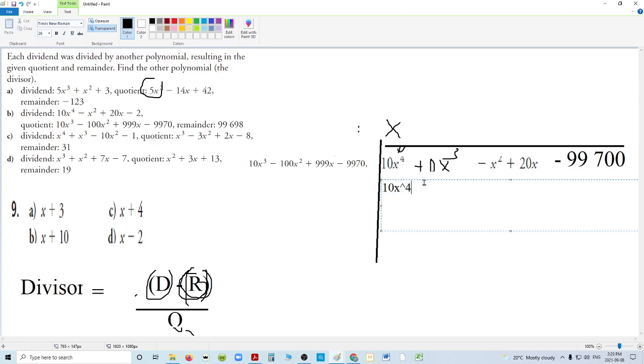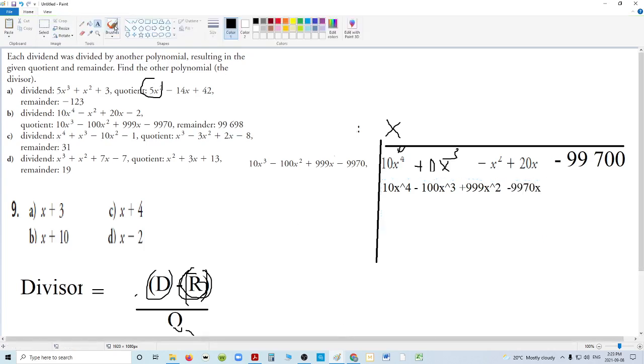When I multiply by minus 100x squared, I get minus 100x cubed. When I multiply by 99x squared, I get plus 99x squared. And when I multiply by the minus 970, I get minus 970x. Now I have to subtract that.